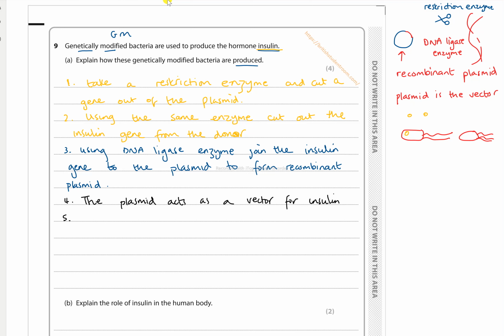Right, then what you do is incubate the recombinant plasmid with bacteria. The bacterium is one, bacteria is lots.